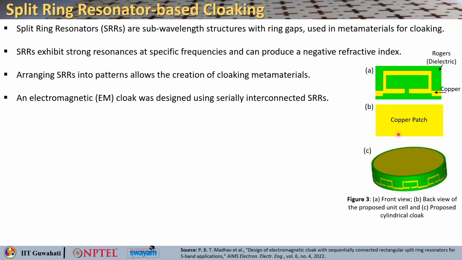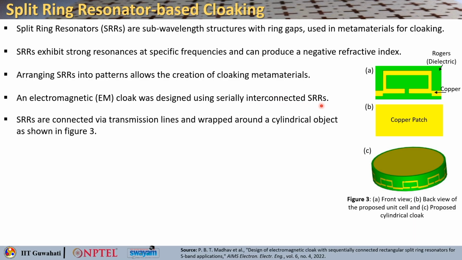So here is the front view and the back view of the proposed unit cell. You see at the back you just have a copper patch, on the top you have the split ring resonator printed on the Rogers dielectric, right. So you can basically make an electromagnetic cloak using serially interconnected split ring resonators. The split ring resonator shown here is the unit cell.